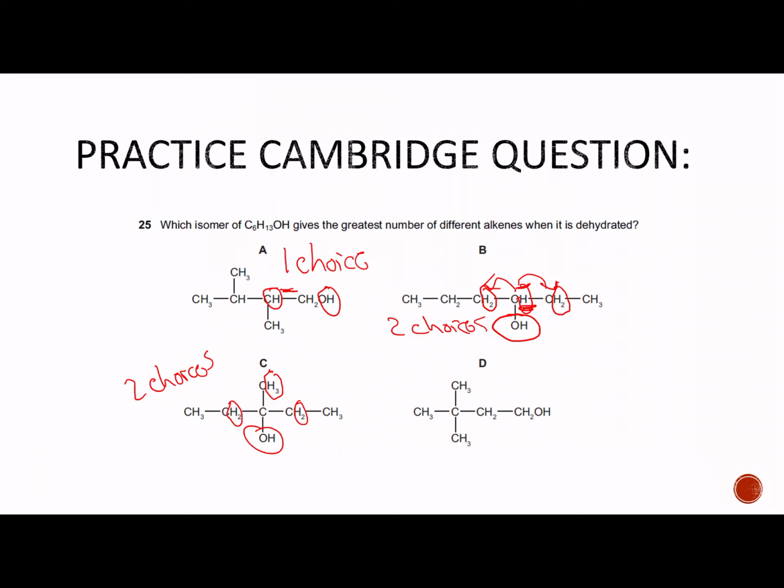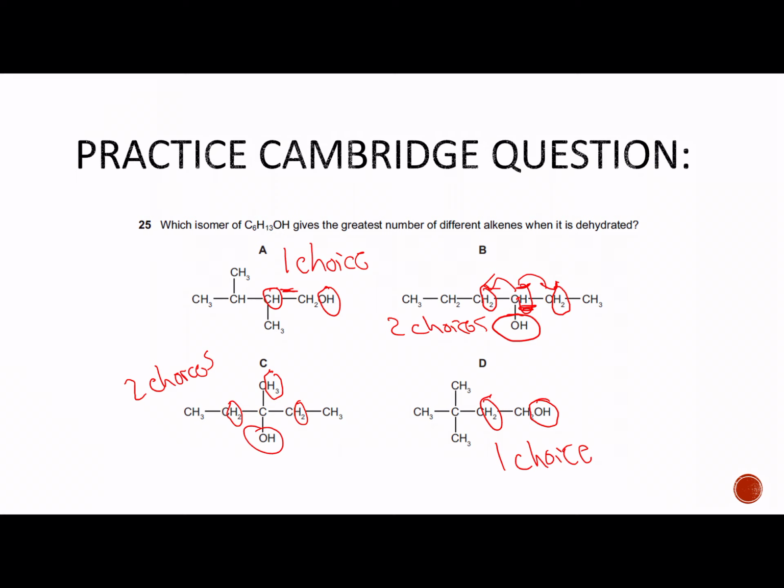Let's take a look at D. I take away the OH. I take away the hydrogen here. Literally only one choice. We have a dilemma. We have two options right now that give us two choices, but only one of these options is correct. Let's look a little bit deeper.